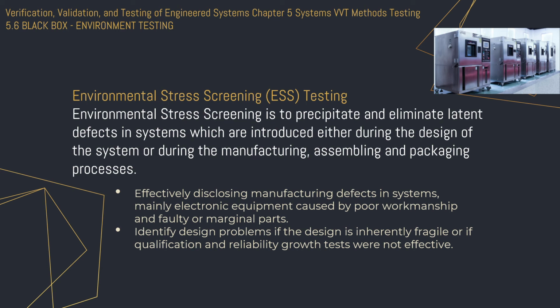So we can see if there are any manufacturing defects in the system, whether caused by electronic equipment, error defects, or any faulty parts in the equipment. We can also use this test to identify design problems that are very fragile, that don't meet qualification, and where the reliability growth tests were not effective.